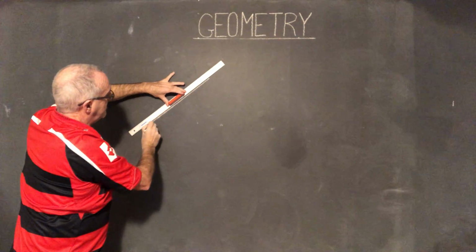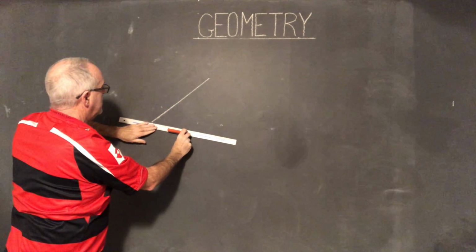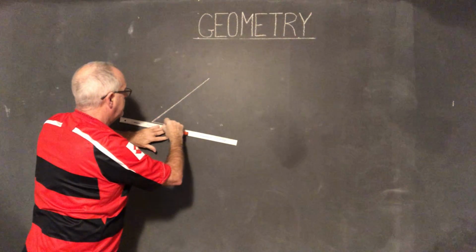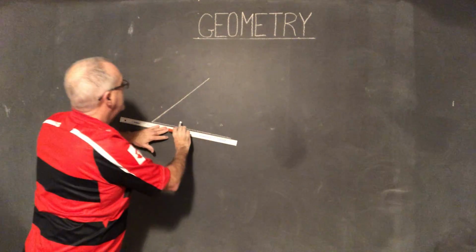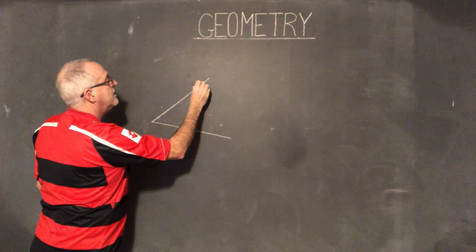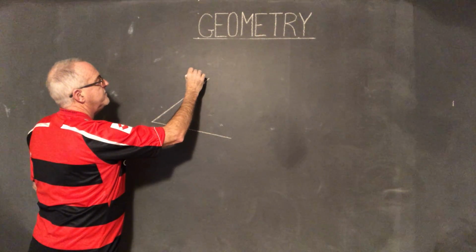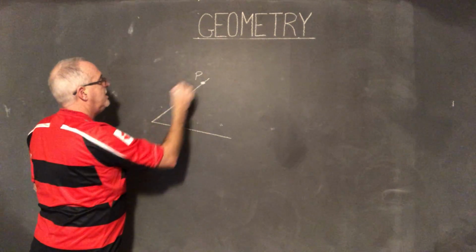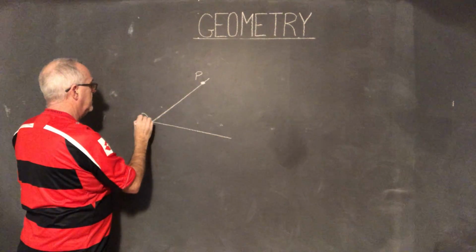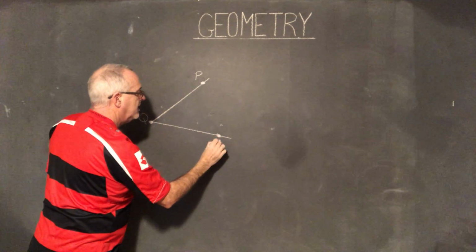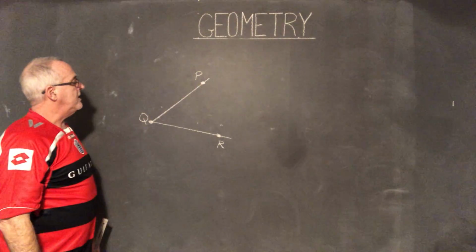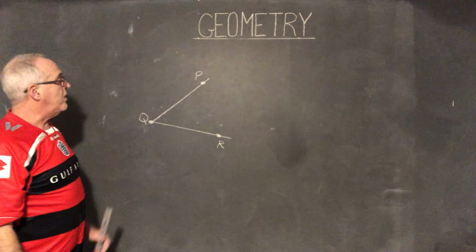There, draw that line. And then draw another line. I'm going to call this one PQR. Just for fun, use some different letters from the alphabet. So this is angle PQR, and I want to copy it.